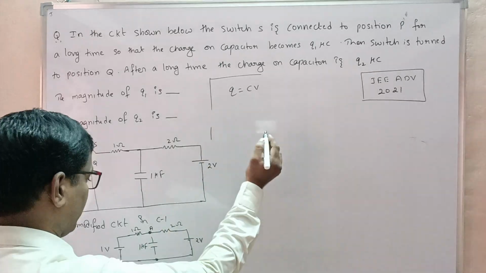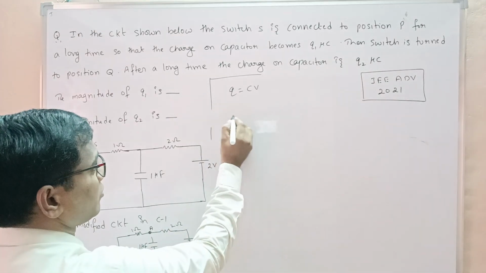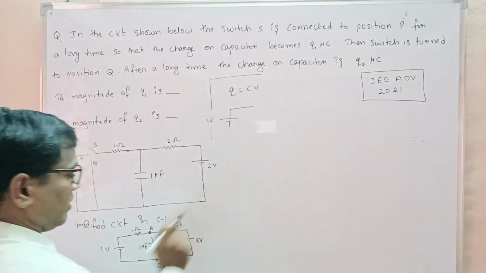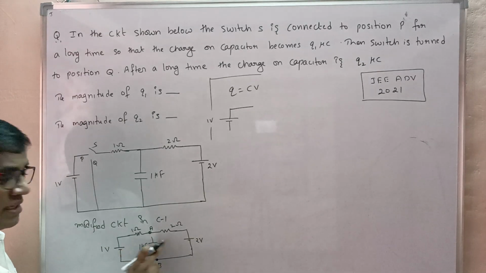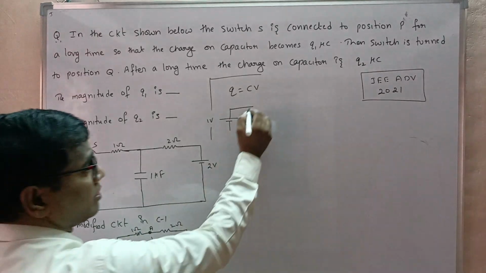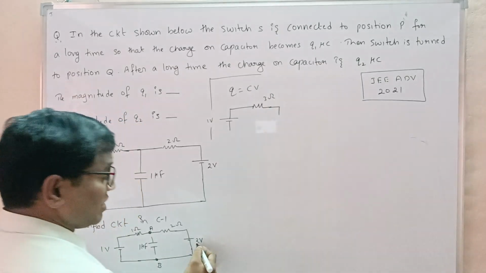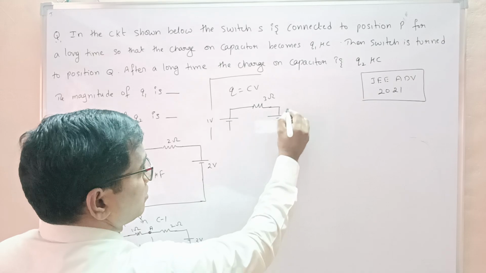If you modify the circuit again, you will get this one is 1 volt, and these two resistors are connected in series, which means 2 plus 1, 3 ohm, and again here one more potential is there, which is 2 volt.